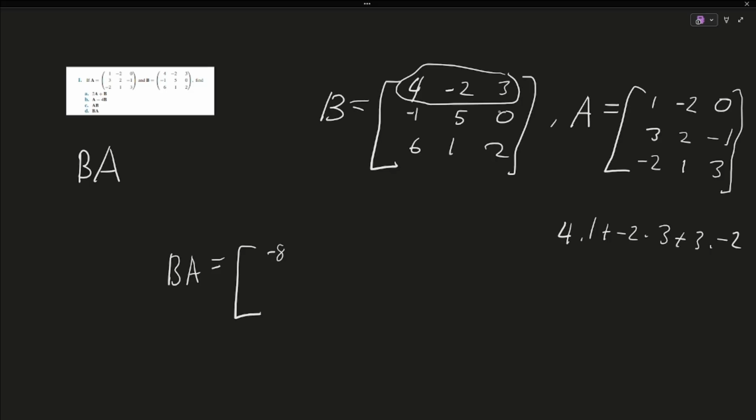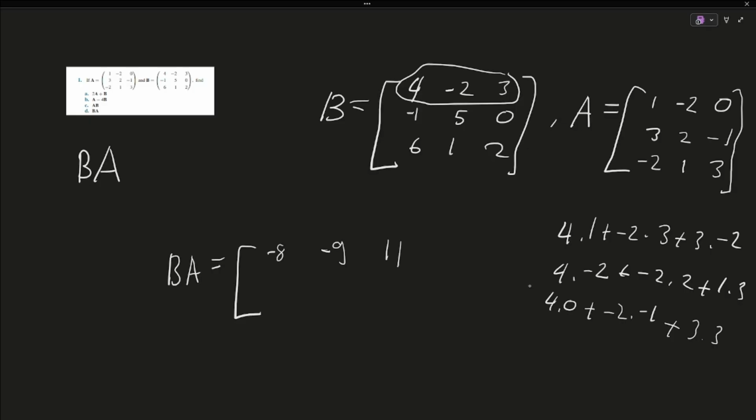Let's do the same thing for the other columns of A. So 4 times -2 plus -2 times 2 plus 1 times 3, and this will be -8, -12, and -9. And the last one will be 4 times 0 plus -2 times -1 plus 3 times 3, and this will be 2 plus 9, which is 11. Is that correct? Yeah, it looks good.